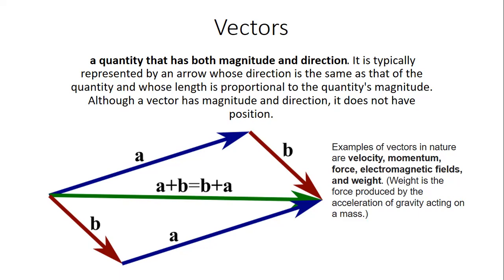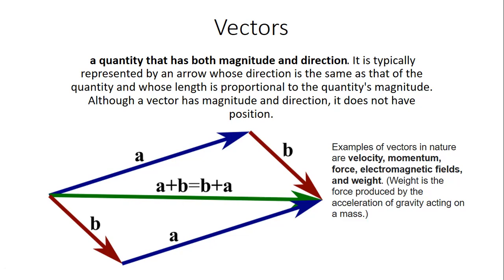So you can see the diagram there. On my slide, it simply shows the direction of A and B, which is also the same thing as B and A. It does not have a position, but it has magnitude and direction.